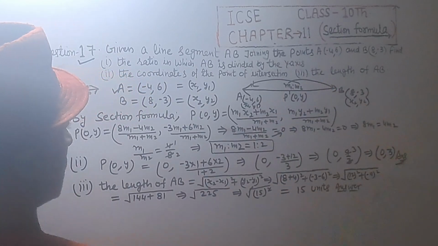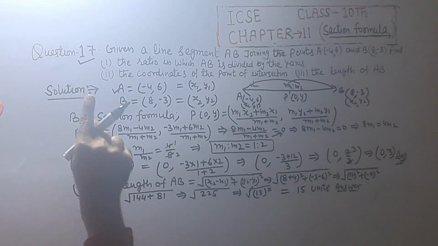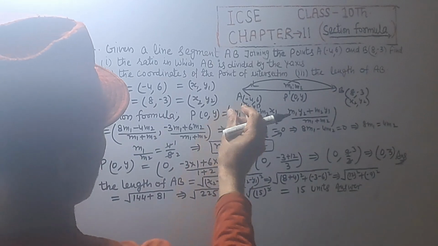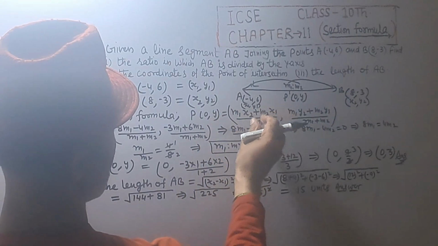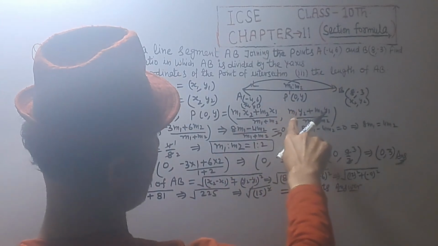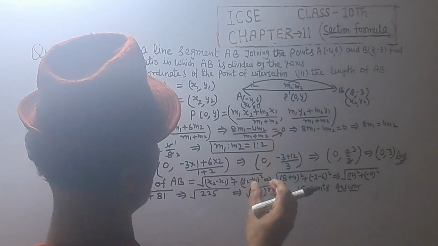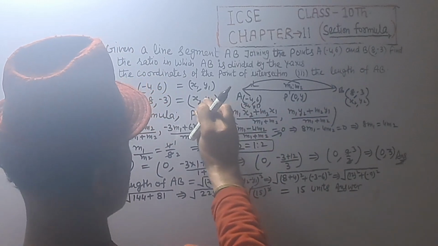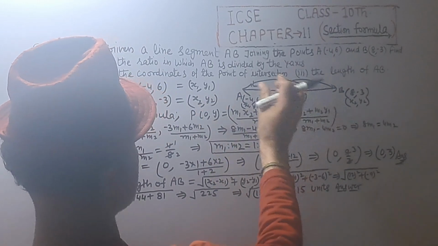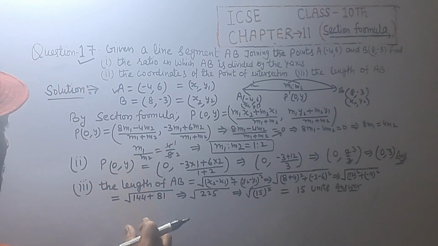Then x will be 0, and using the section formula, (m1x2 + m2x1)/(m1 + m2) and (m1y2 + m2y1)/(m1 + m2). The first point is equal to 0 and the second point is equal to y. First of all, we find the ratio.